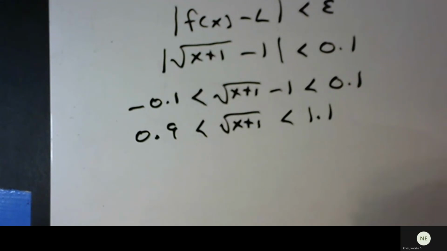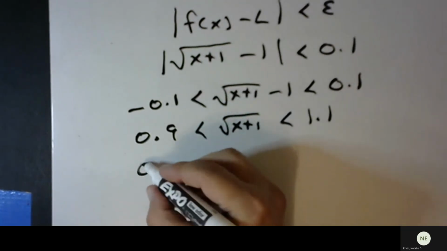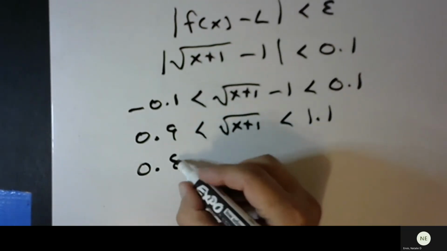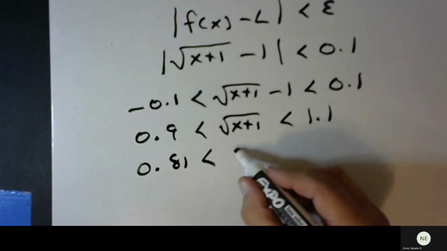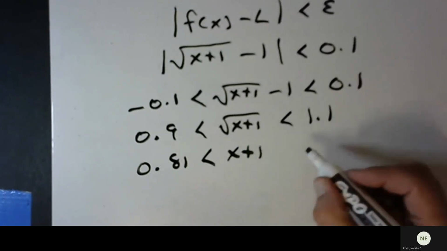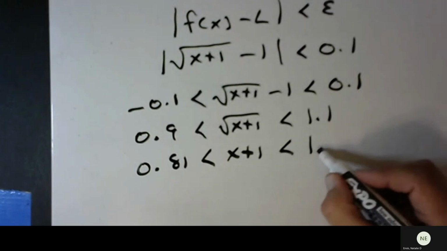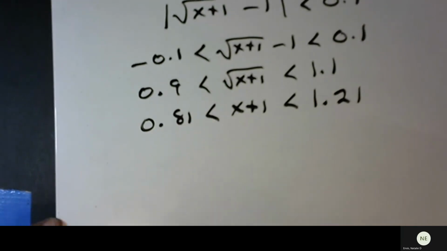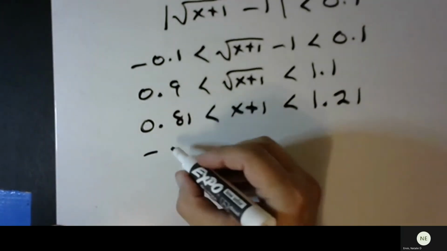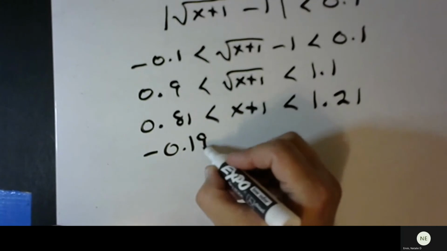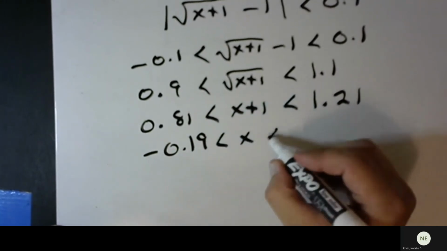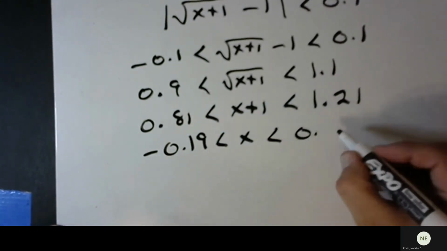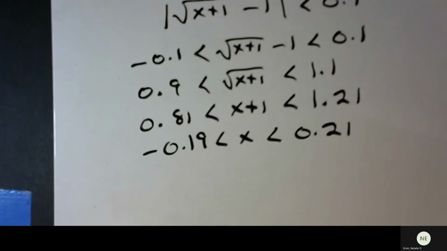Now, if we square everything, we're going to get this. And then I'm going to subtract 1 from both sides. So that's going to be negative 0.19, 0.21.